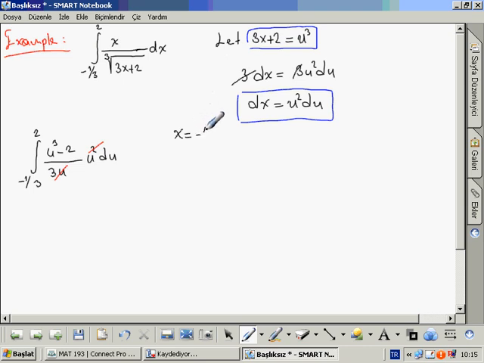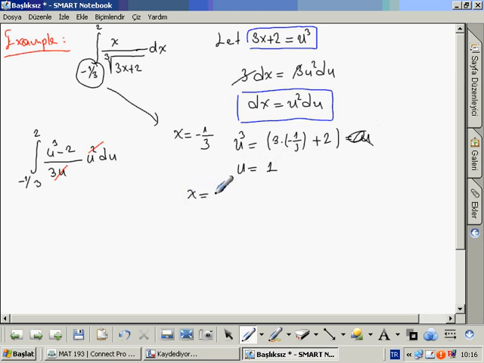So when x equals minus 1 over 3, as you see, u will be, 3 times minus 1 over 3 plus 2, equals, I'm sorry, u cubed, and u will be 1. After that, when x equals 2, u will be 2, right?